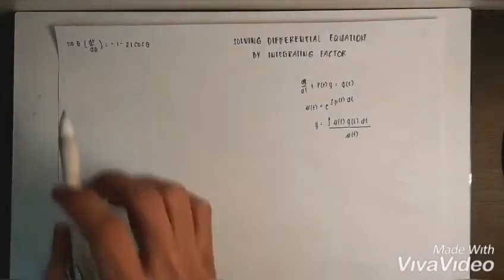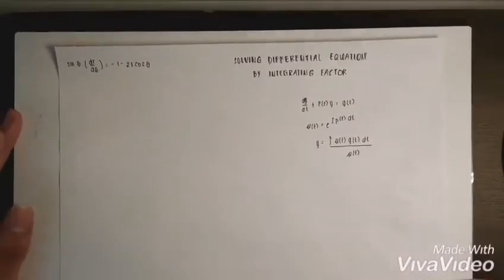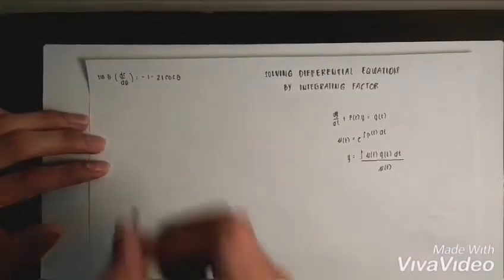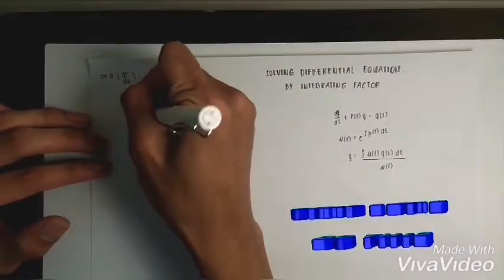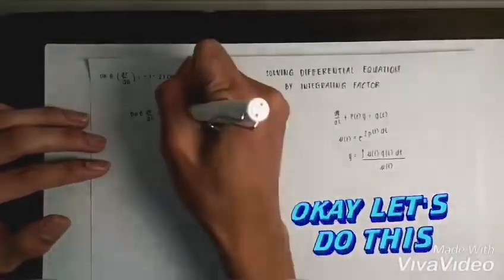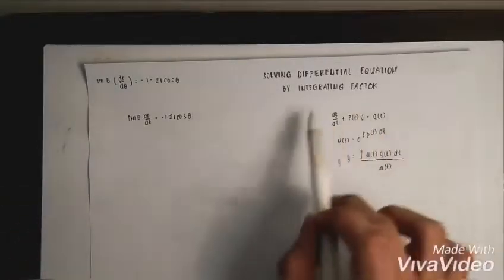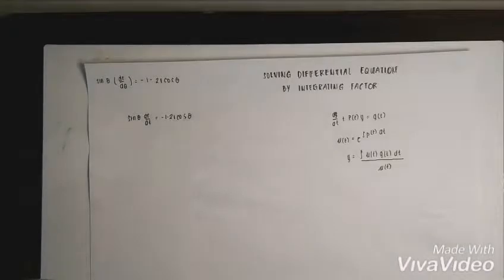So let's say for example, meron tayo neto. We have sine theta dr over d theta is equal to negative 1 minus 2r cos theta. So paano nga ba natin ito isa-solve using this method? Para mas maintindihan natin, pwede natin i-manipulate yung given differential equation para makuha natin tong standard form for integrating factor.